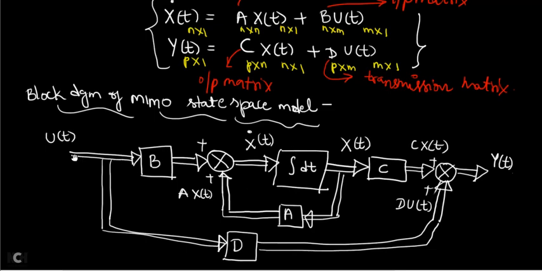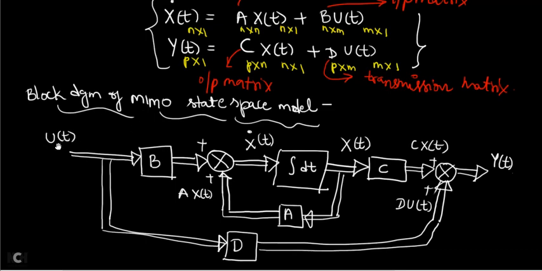And why, instead of using a single arrow mark, a single line, am I using a double line for the arrow marks? Because u of t is a vector. It is not a single line. It is not a single input. U of t contains u1, u2, u3, etc. up to um, because it is a MIMO system.